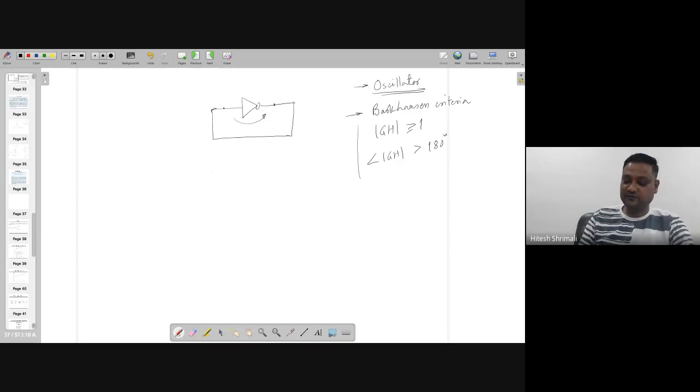So if it fulfills both conditions, then it can oscillate. Unfortunately, this has more gain than 1, but the problem is the phase. It has only one pole, so it can only contribute minus 90 degree. It cannot contribute 180 degrees. So you need at least 2 inverters to have more poles, and then you can have the oscillation. That's the reason that one inverter cannot give you the oscillation.